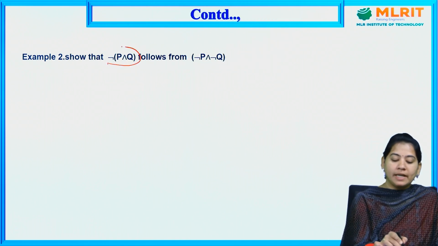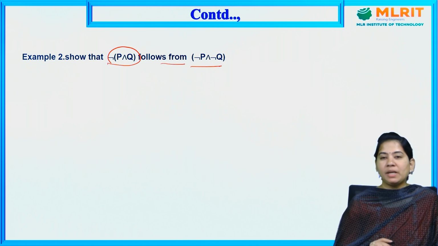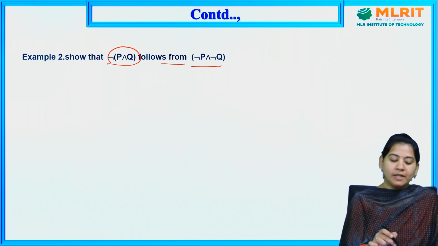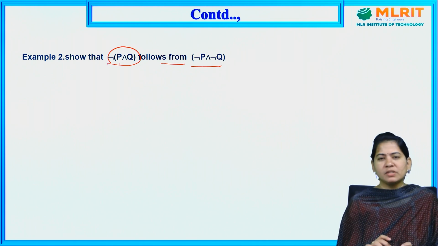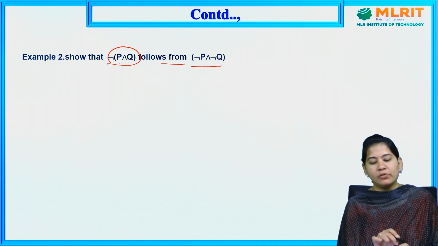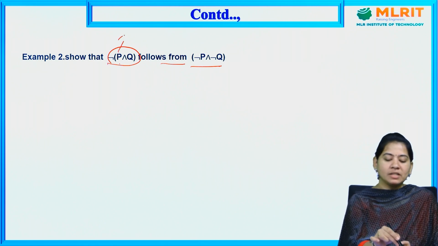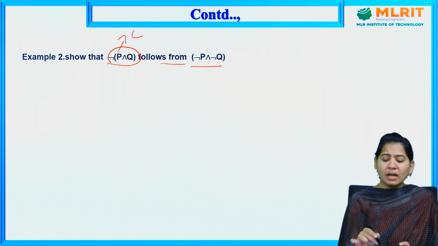Show that negation of P and Q follows from negation P and negation Q. Here, which one is the conclusion, and which one is the premise, you have to identify. This is the conclusion and this is the premise.